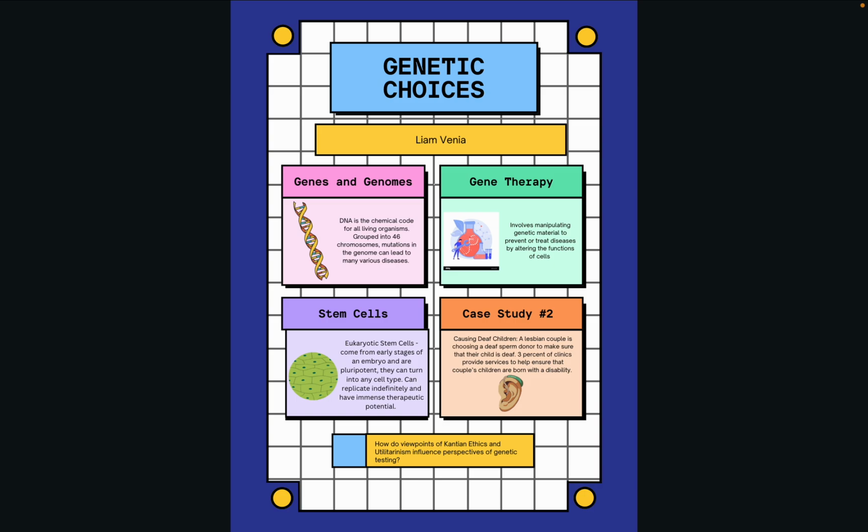The next thing I want to talk about within genetic choices are stem cells. So stem cells are derived from the inner cells of a 5-day-old blastocyst, the early stage of an embryo, and they are pluripotent, meaning they can differentiate into any specialized cell type in the human body. And unlike adult stem cells, which have limited regenerative capabilities, embryonic stem cells can replicate indefinitely, and they really just have infinite therapeutic potential.